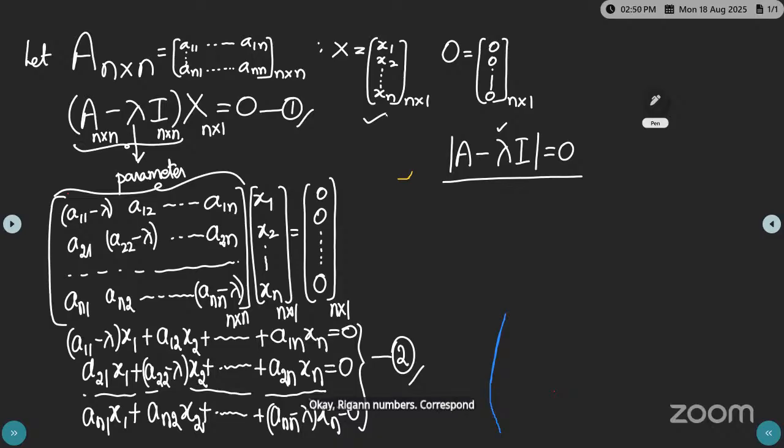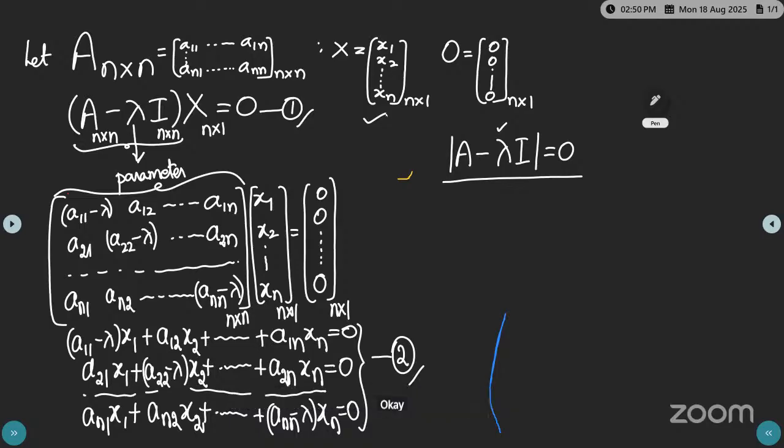Corresponding to each eigenvalue, you will get infinite x values. For lambda 1, infinite x1 values. For lambda 2, again infinite. For lambda n also again infinite. So totally n into infinite, which is nothing but again infinite number of solutions.